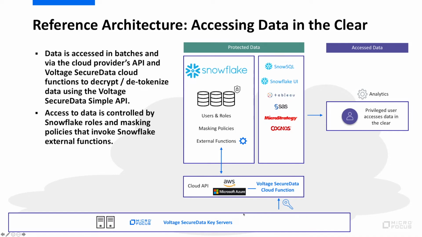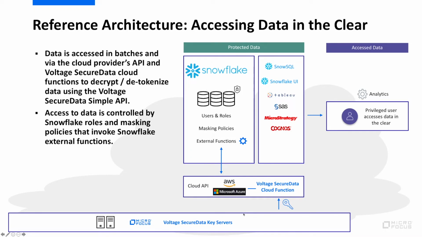So we are investigating the development of a user-defined function for the Snowflake Data Cloud. In that situation, that function would be installed in the Snowflake environment, and there are two possibilities for how that function would work.